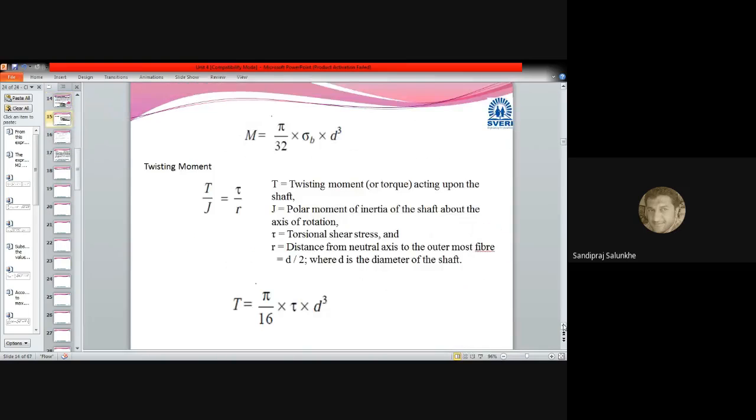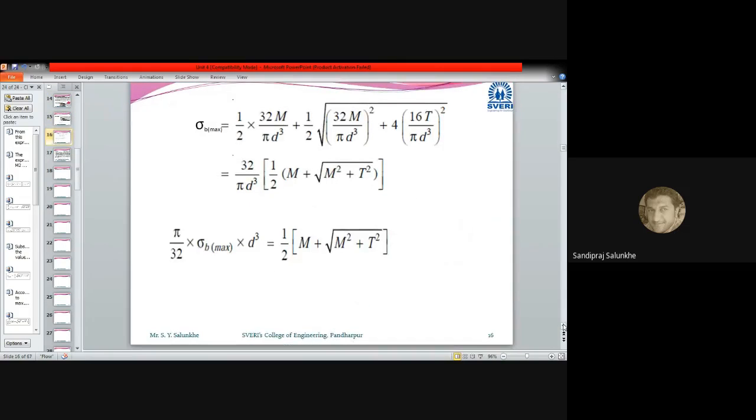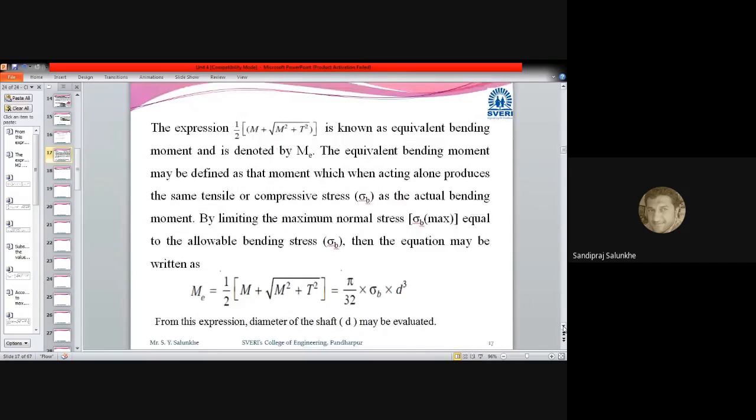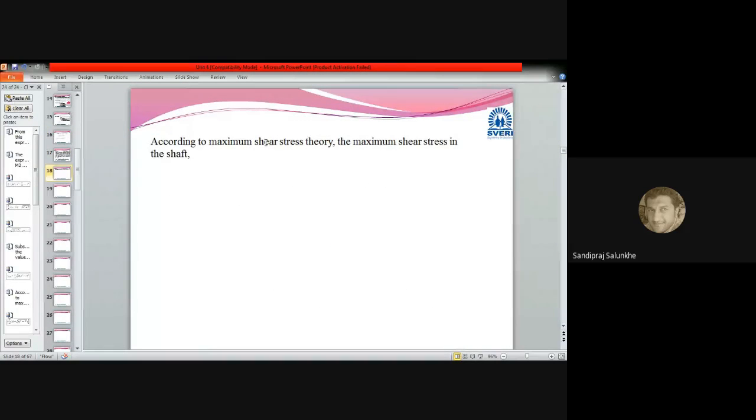In the same way, if we are going to calculate the stress by the maximum shear stress theory, according to this theory tau max, the maximum shear stress, is given by half of the square root of bending stress square plus 4 shear stress square.